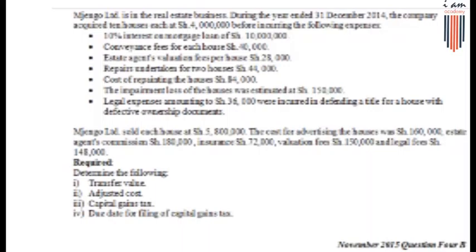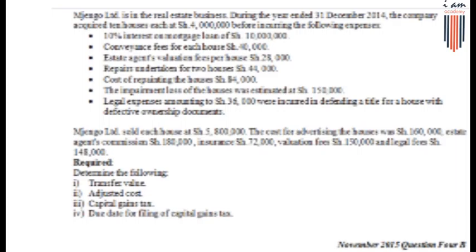Mujengo Limited is in real estate business. During the year ended 1st December 2014, the company acquired 10 houses, each at shillings 4 million, before incurring the following expenses: 10% interest on mortgage loan of shillings 10 million, conveyance fees for each house shillings 40,000, estate agent valuation fees per house shillings 28,000, repairs undertaken for 2 houses shillings 44,000, cost of repainting the houses shillings 84,000.